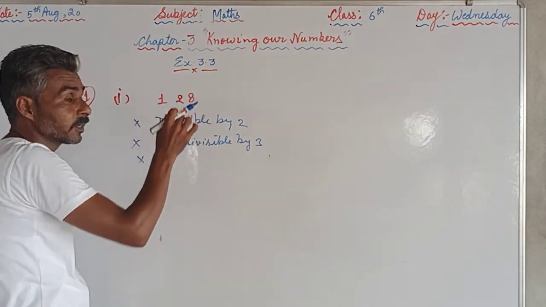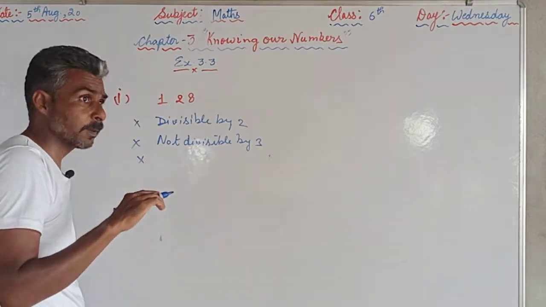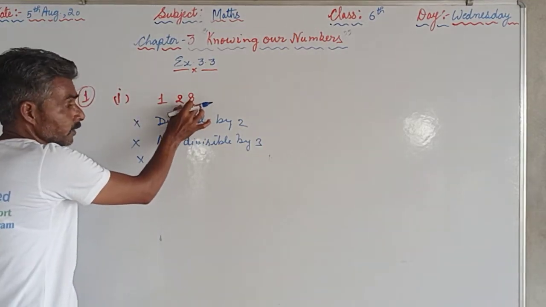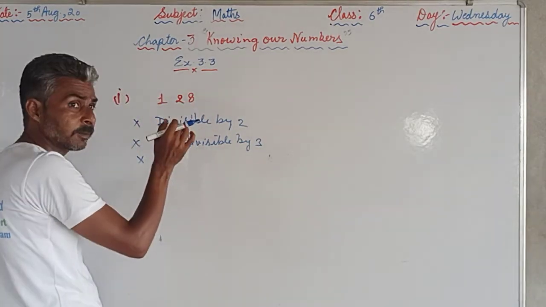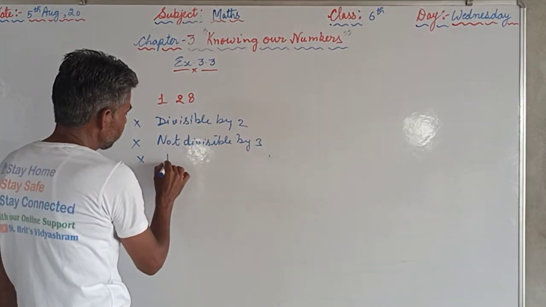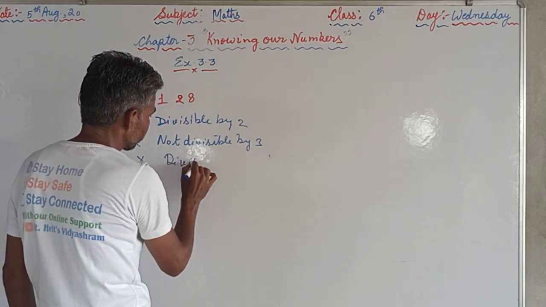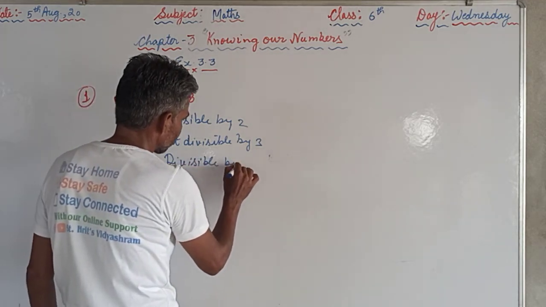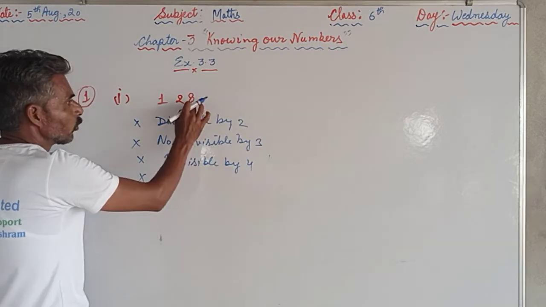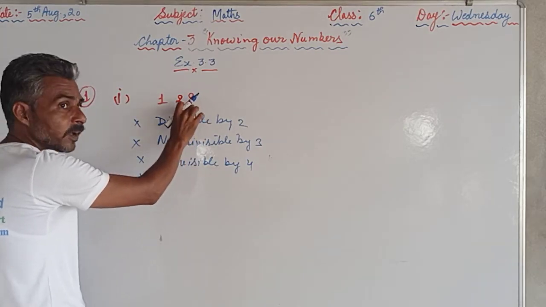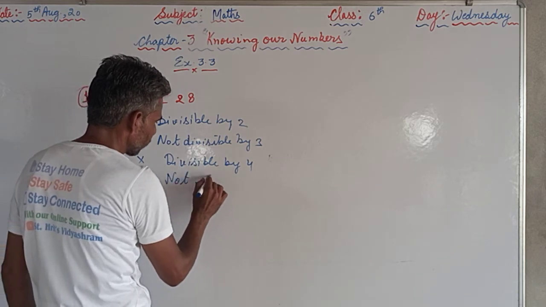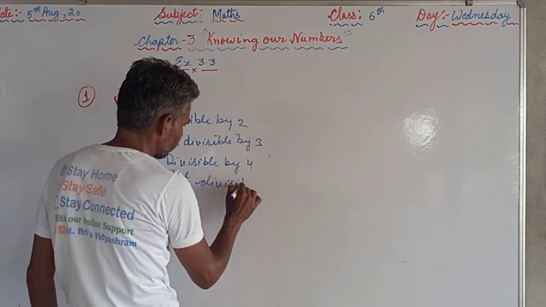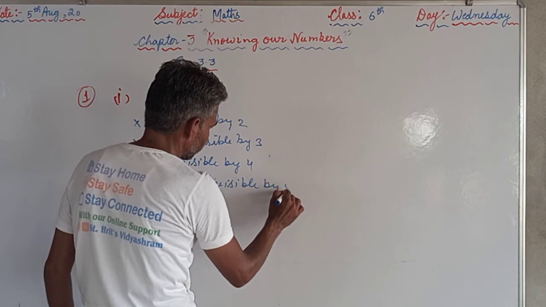that's why for 4 we will see the last two places. If the last two places are zeros, then it is divisible by 4, or if the last two places are divisible by 4, then again the number will be divisible. So 28 comes in the table of 4, hence we can say divisible by 4. For 5, it should end in 0 or 5, here it is 8, so not divisible by 5.